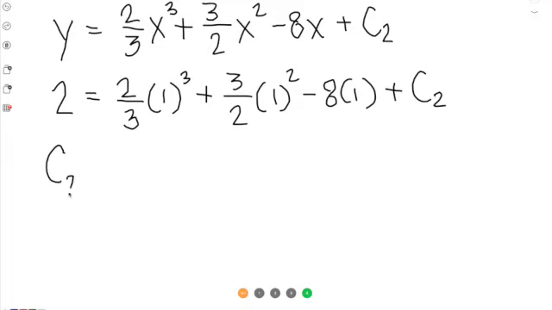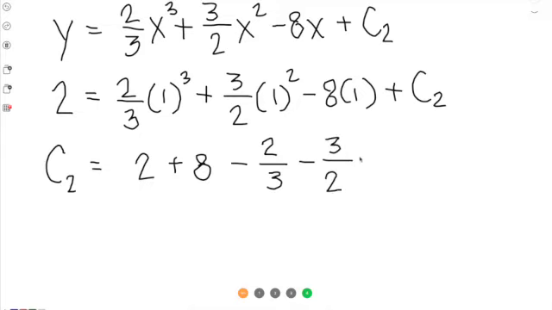So we have C2 is equal to 2 plus, that's 8, minus this 1 cubed is 1, so minus 2 thirds, and minus 3 halves.